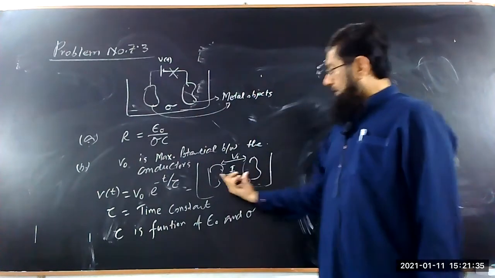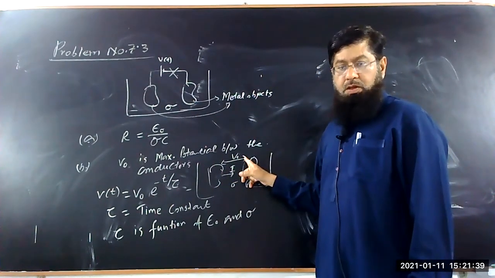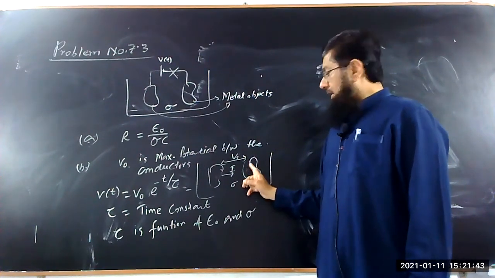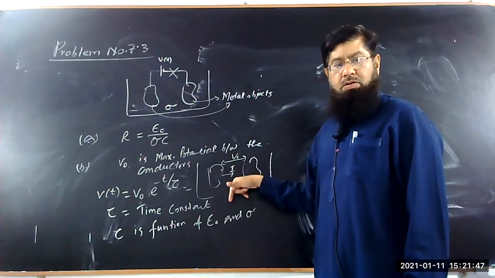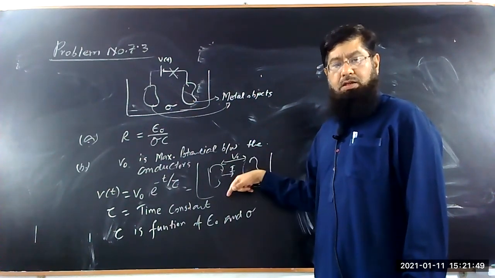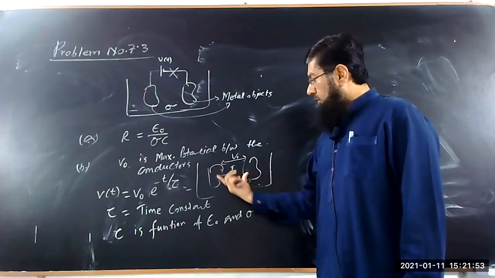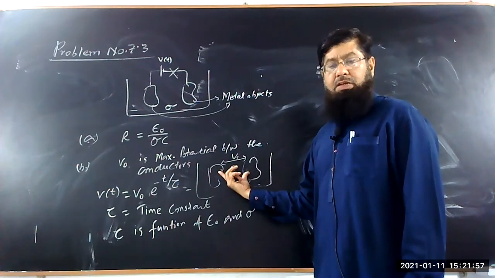The potential between them is V naught now. The medium between them is a conducting medium, so the charges on the metals will go down as the charges start flowing. When this happens, the voltage between these two metal conductors will decrease.